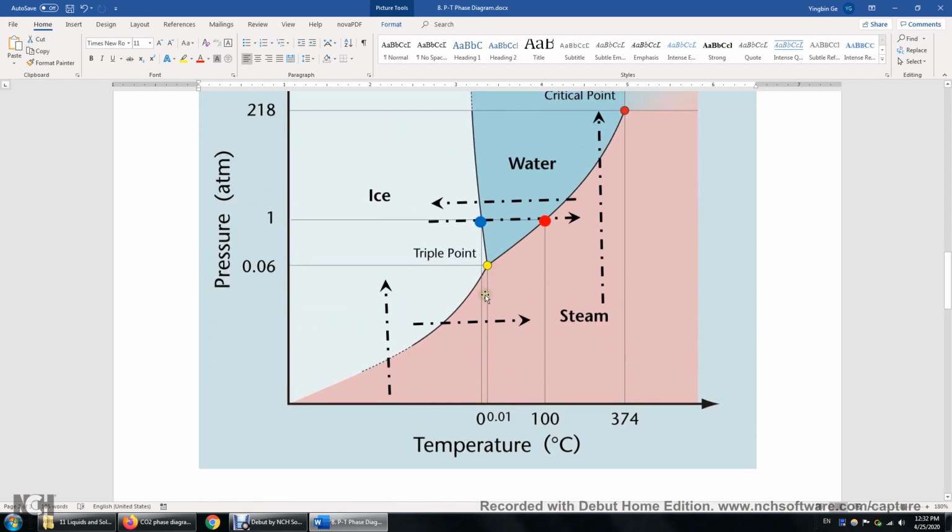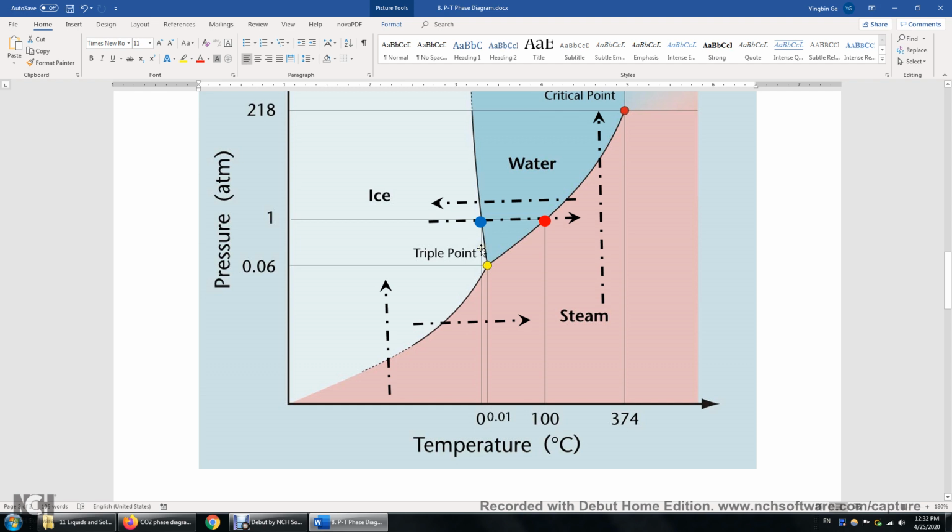If the pressure is lower than 0.06 atm, so lower than this horizontal line over here... I'm sorry, let's talk about 0 degrees Celsius right here. This is 0 degrees Celsius. If the pressure is lower than 1 atm at 0 degrees Celsius, we have ice. Let's say right here, this is ice.